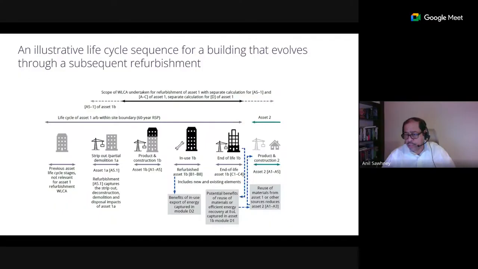But when the whole asset is back up, the 1B in-use refurbished asset B1 through B8 will be for the entire asset, and so on. So at least a few possible combinations of how these assets connect to each other on the same site is explained.